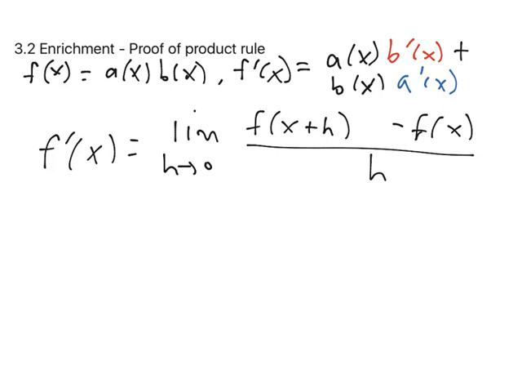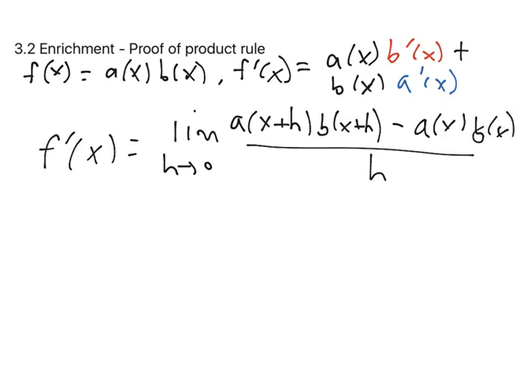Well, if f of x is a of x times b of x, then f of x plus h has to equal a of x plus h times b of x plus h, and f of x is just a of x times b of x. So f prime of x is the limit as h approaches 0 of a of x plus h times b of x plus h minus a of x times b of x over h.